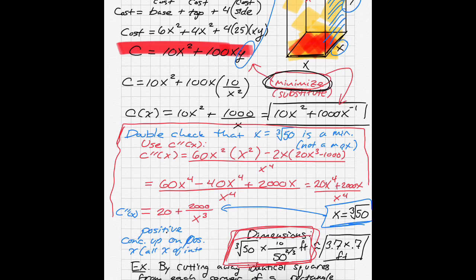In other words, all x values that are of interest here. Okay, so if my graph is concave up, then remember, what does that mean? That means I have a local min, which is what I wanted. And so indeed, these are the dimensions that give me a minimum.